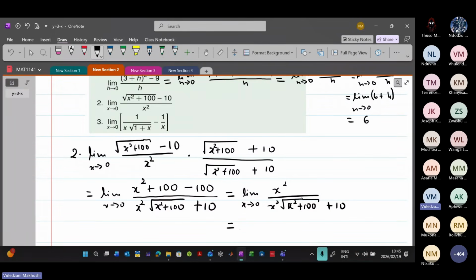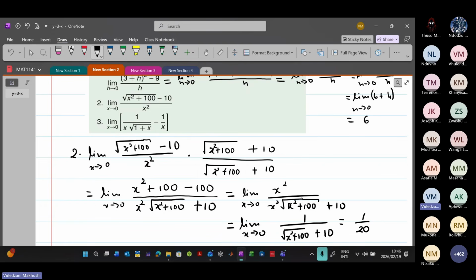So we end up with the limit as x is approaching 0 of 1 over the square root of x squared plus 100 plus 10. And then when we put 0 here, we've got 1 over the square root of 100, which is 10. 10 plus 10 is 2 times 10, which is 20.